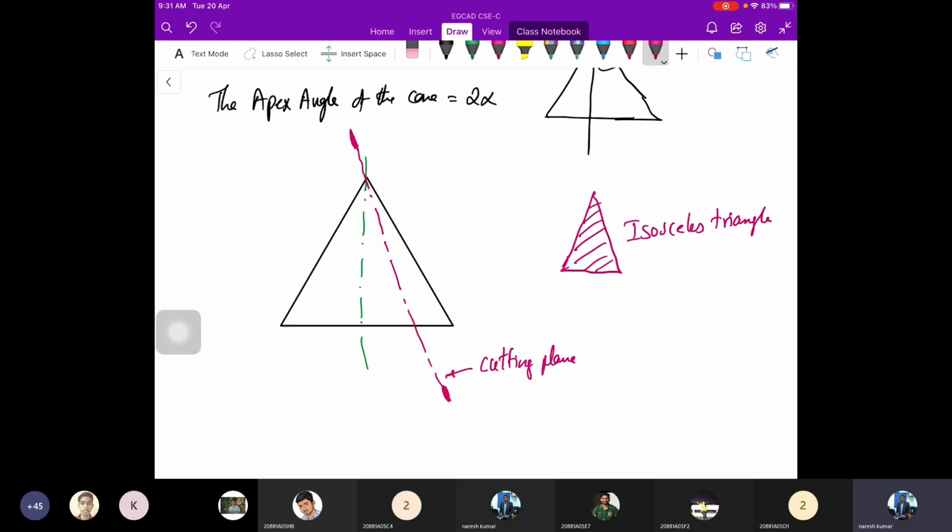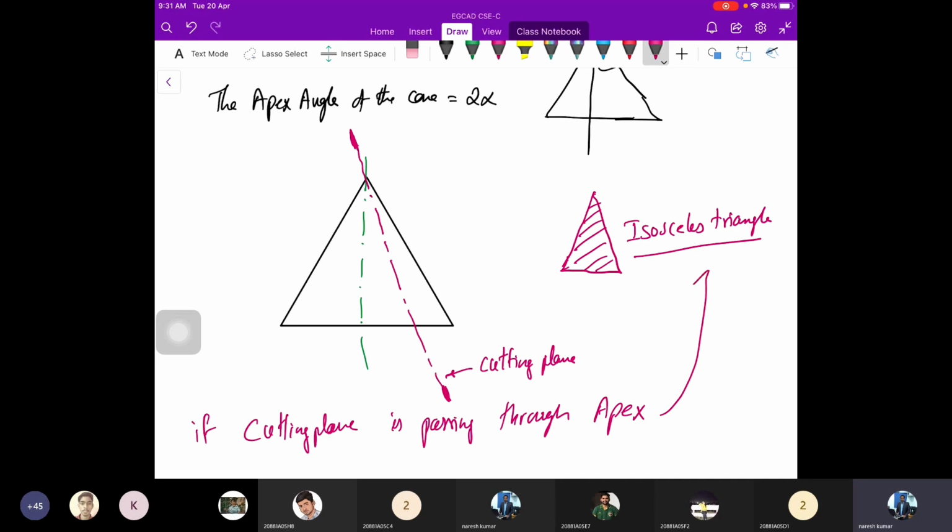That means if the cutting plane is passing through the apex, whatever the curve of intersection you are getting is an isosceles triangle.